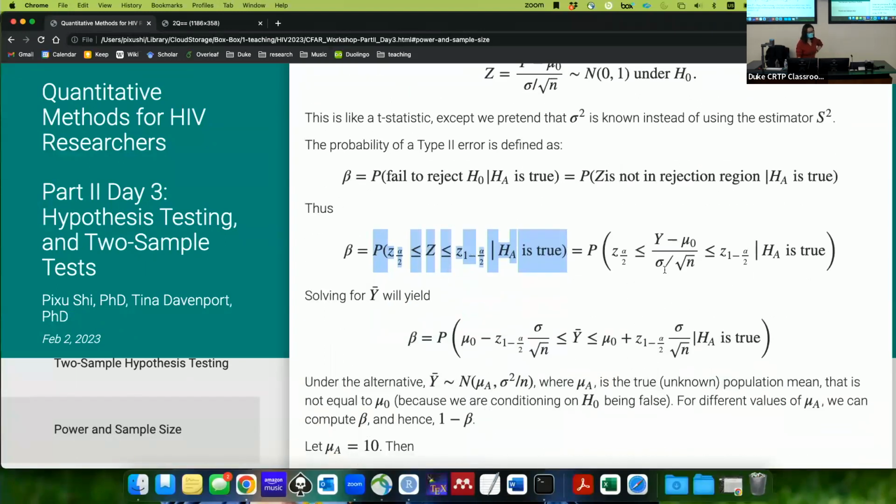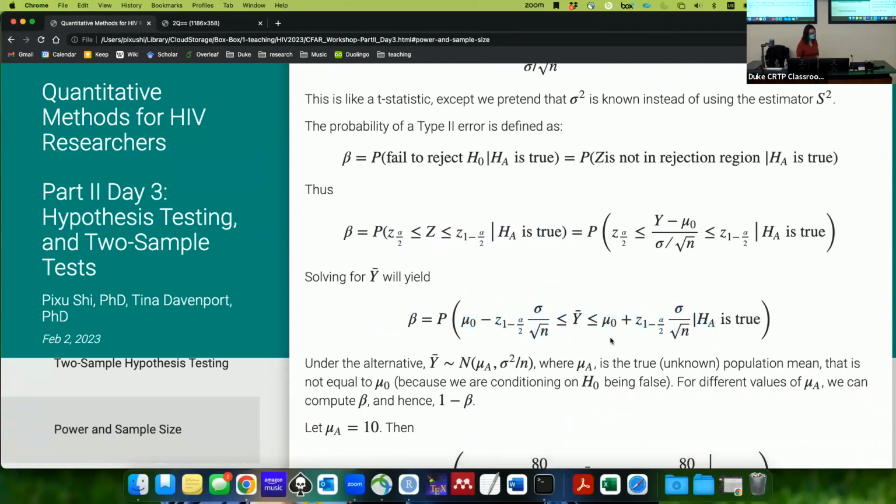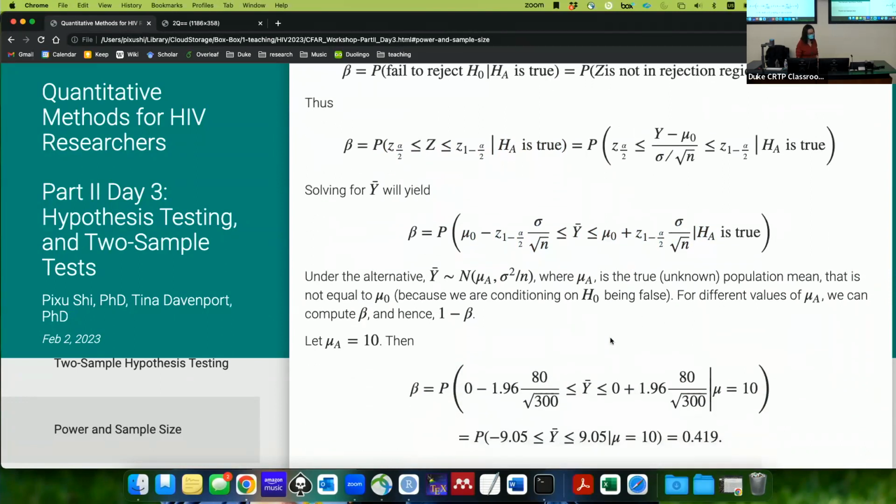And you can then solve for y bar inside the whole equation here. This is the same event, it's just expressed using y bar. So this will help you obtain the power, because now you can plug in your effect size.